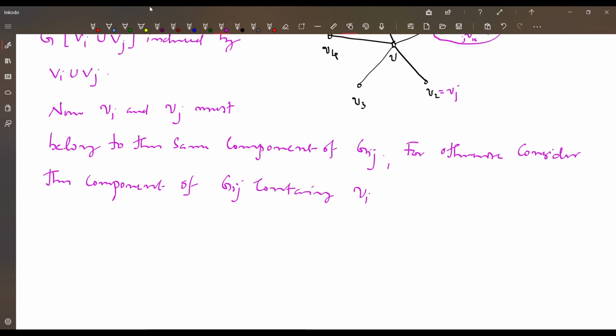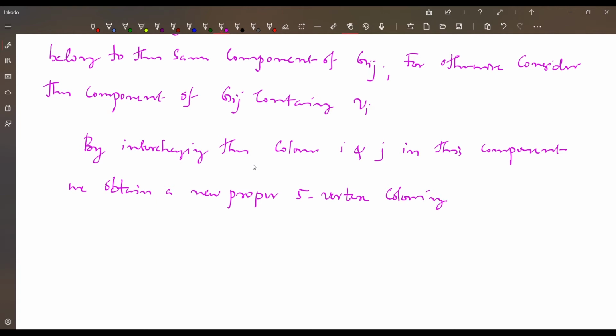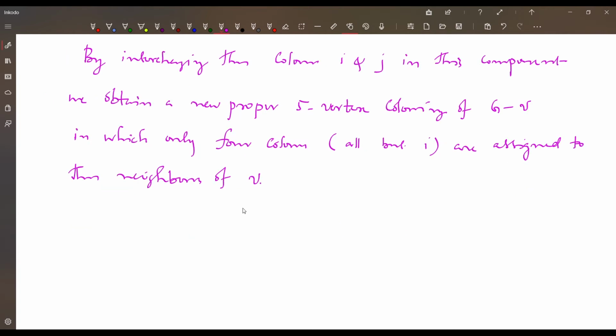By interchanging the colors i and j in this component, we obtain a new proper 5-vertex coloring of G minus V, in which only 4 colors, all but i, are assigned to the neighbors of V. We have shown that this situation cannot arise.